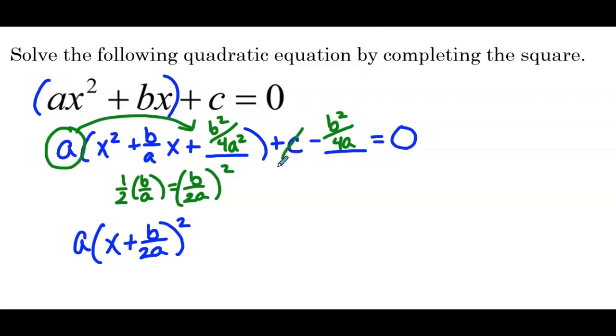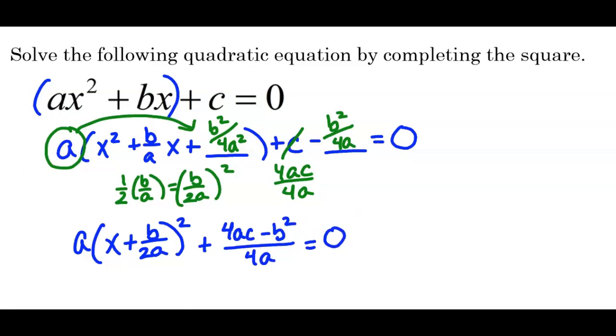So c is going to become 4ac over 4a. Okay, so that means I have plus 4ac minus b squared all over 4a equals 0.